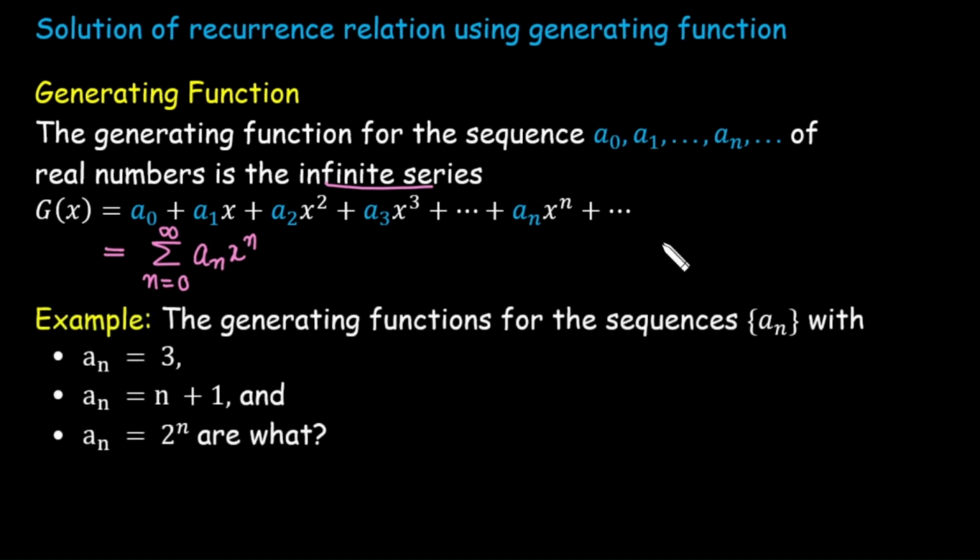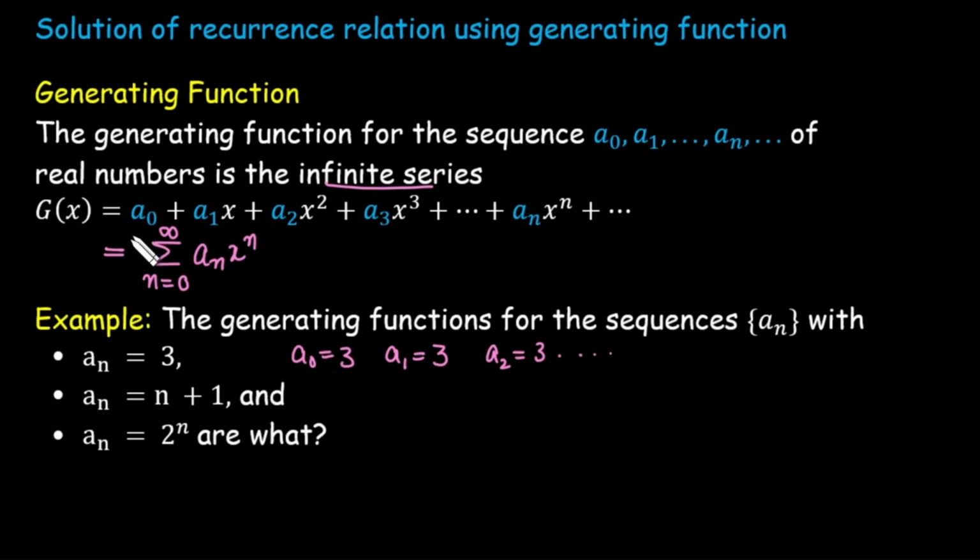Let's understand with the help of an example. Suppose the question is, what is the generating function of these sequences? From the first one, an is equal to 3. It means a0 is equal to what? n is equal to 0, so 3. a1 is equal to 3, a2 is equal to 3. All the terms are 3.